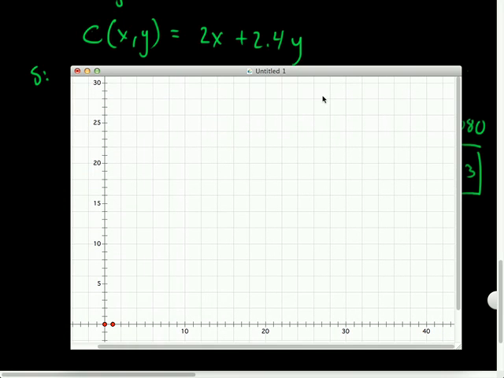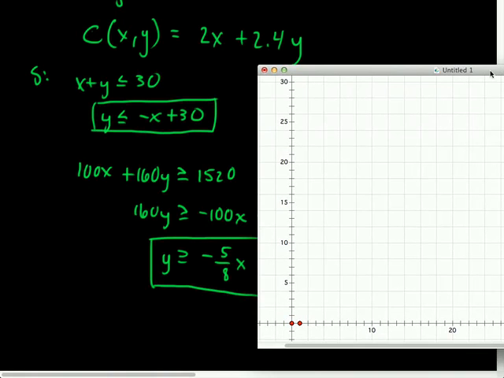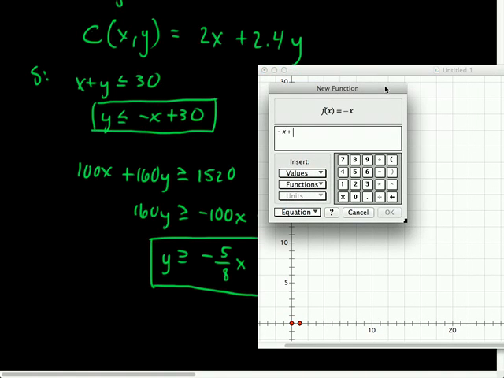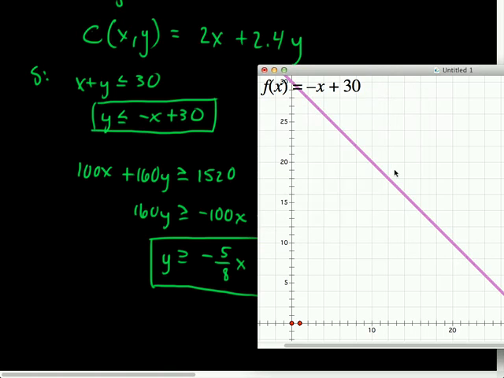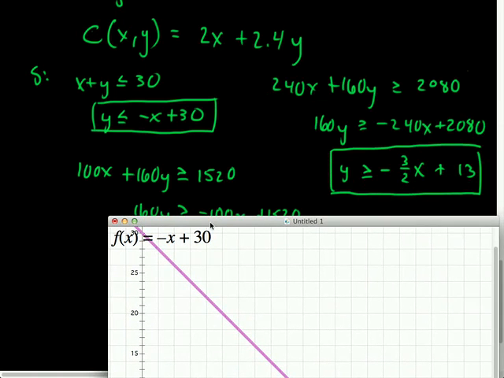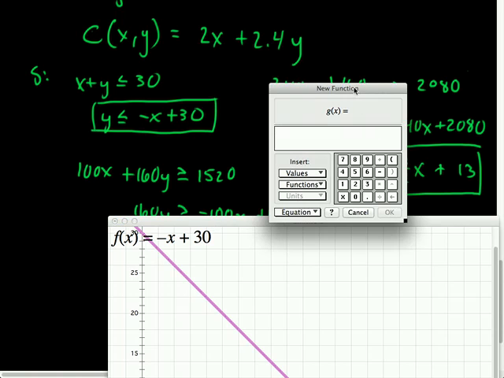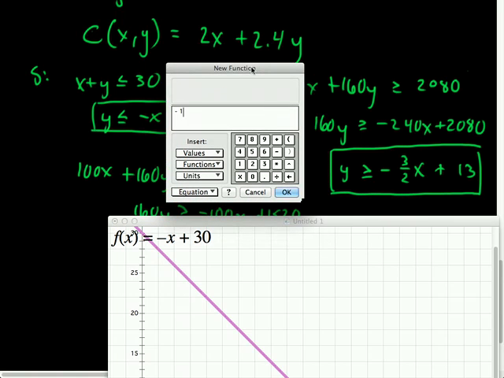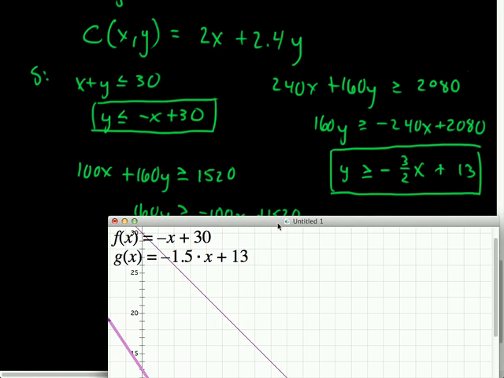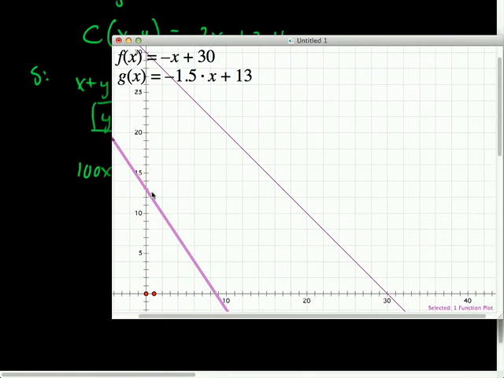Let's graph negative x plus 30. To graph this by hand, I would go up to 30 on the y-axis and go down 1 over 1, and this is what I would get. Then I'll graph this function, negative 3/2 x plus 13. So I'd go up to 13, plot that point and go down 3 over 2, down 3 over 2, and I'd keep doing that.